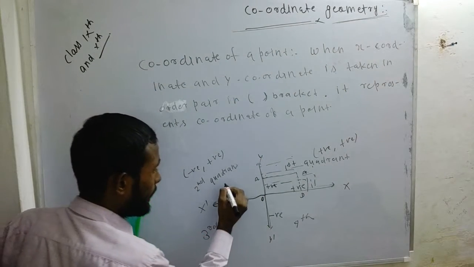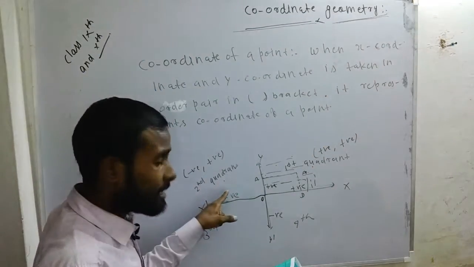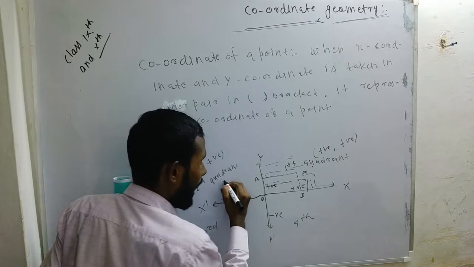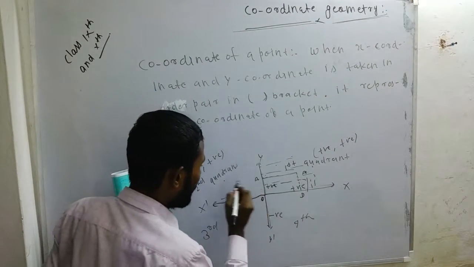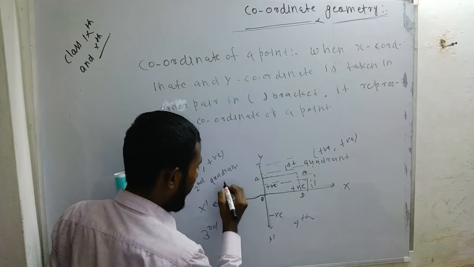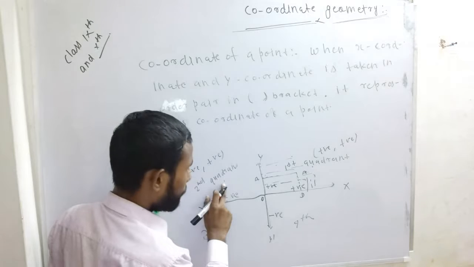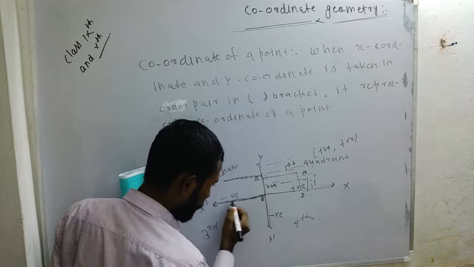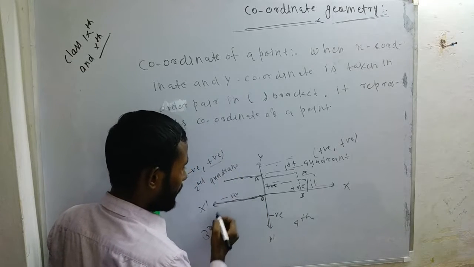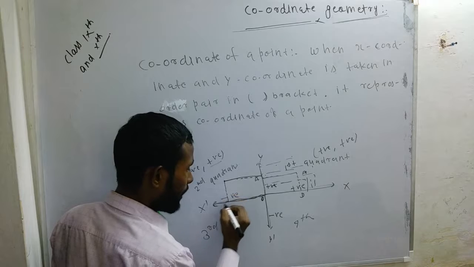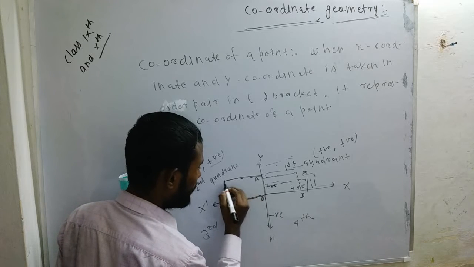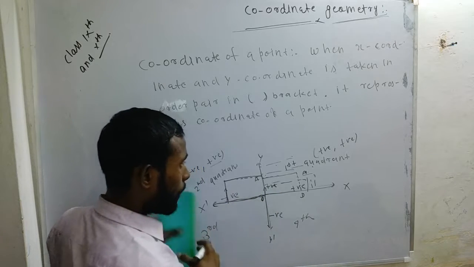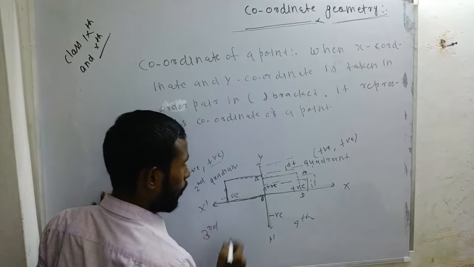Because if we take any point in the second quadrant and measure the x coordinate, that means the perpendicular distance from this point to the y axis, we observe that this length is always negative, while the y coordinate, that means the perpendicular distance from this point to the x axis, is always positive, because it is in the direction of the y axis.